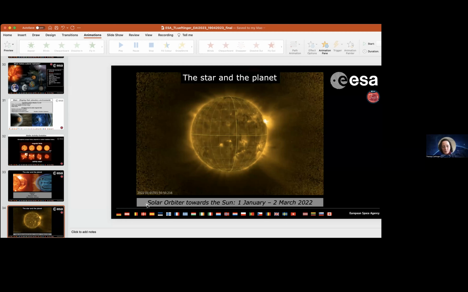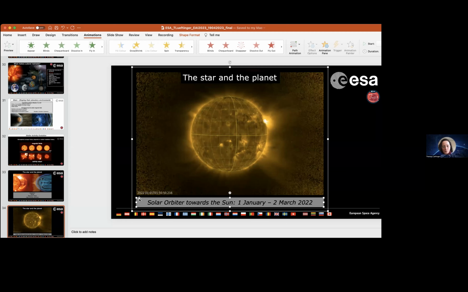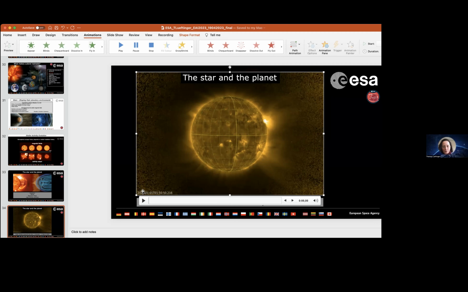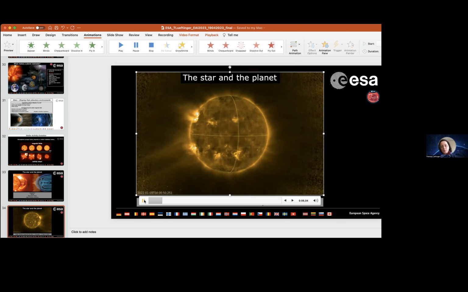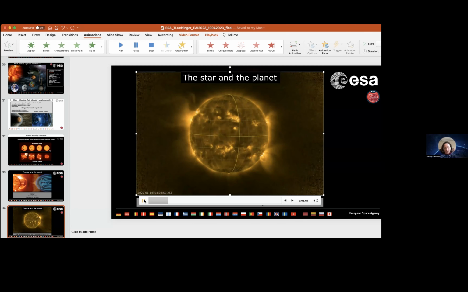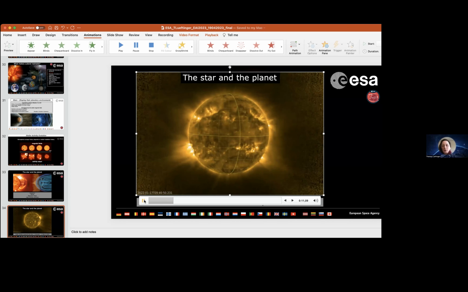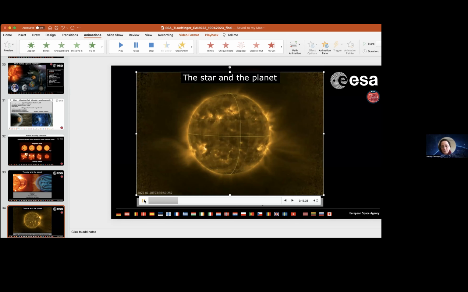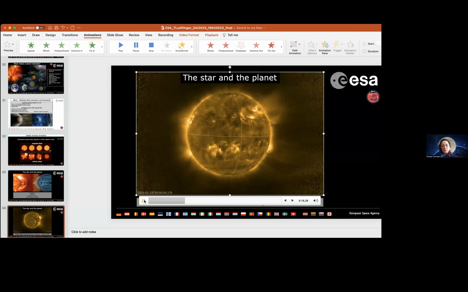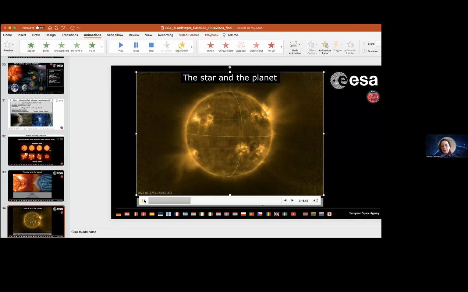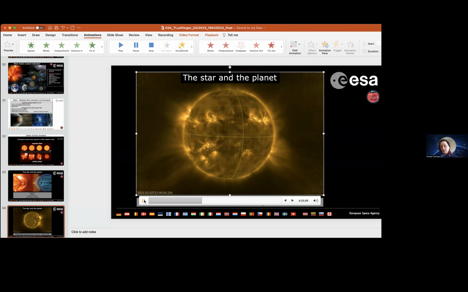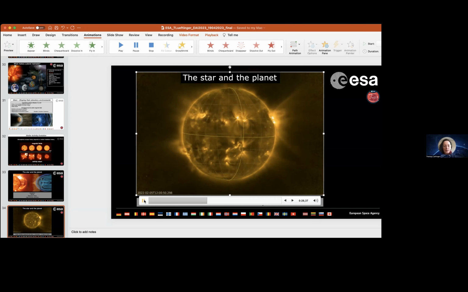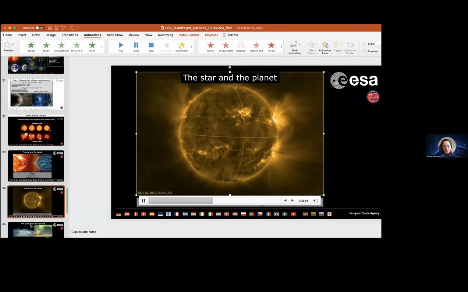I'm showing you here just to illustrate how the magnetic output, the activity output of a star looks like. Again, using the example of the sun, these are Solar Orbiter observations from the last year. You see quite nicely how flares are erupting, how coronal mass ejections are happening, and how violent it can be around the star, whereby the sun, as I mentioned already, is a very moderately active star at this point.